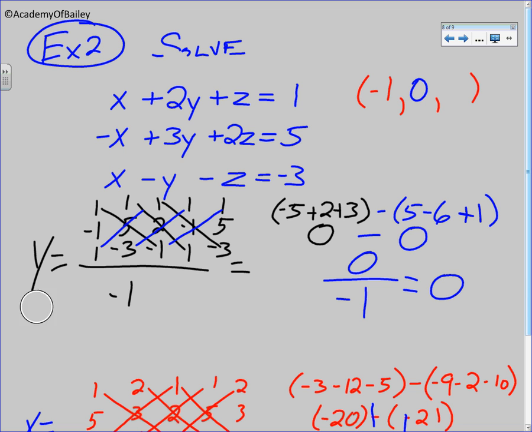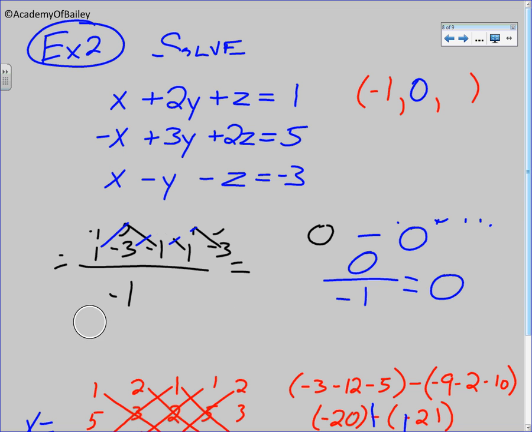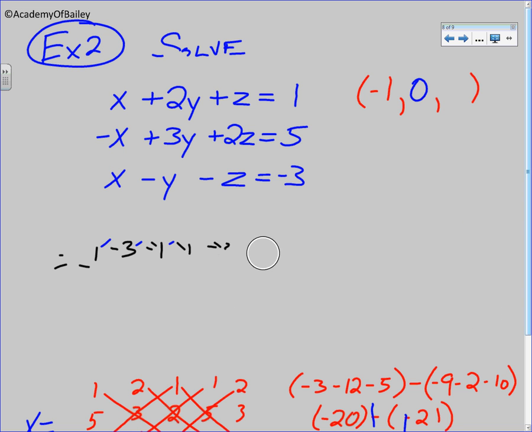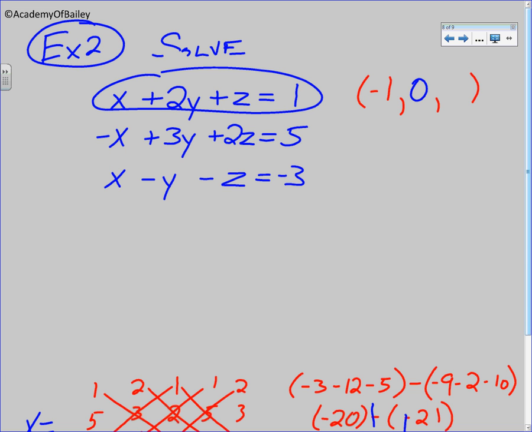All right, now let's find z. Let's find z by plugging it back into one of the equations. Let's go top equation here. Negative 1 plus 2 times 0, since y is 0, and plus z is equal to 1.